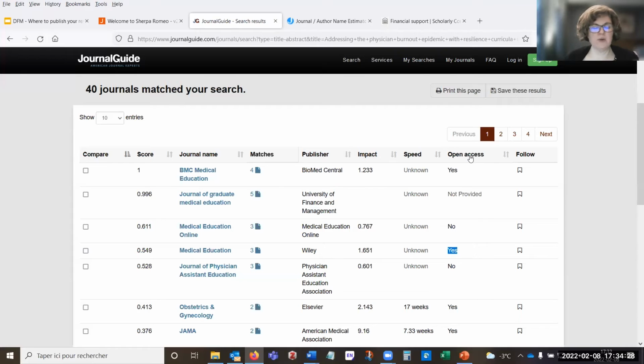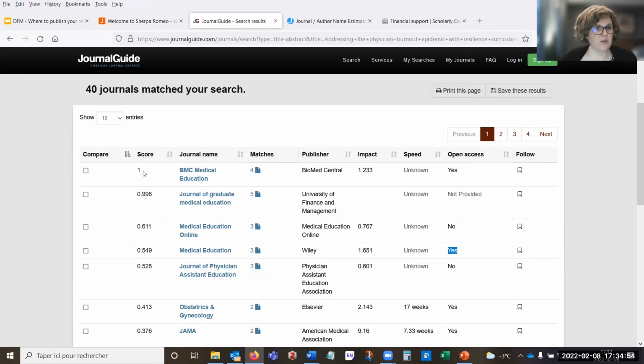And remember, hybrid is when it's a closed subscription-based journal that offers researchers the option to publish open access with an additional fee. I guess they don't make a difference between the two. So I would be careful with this column, just by the way.